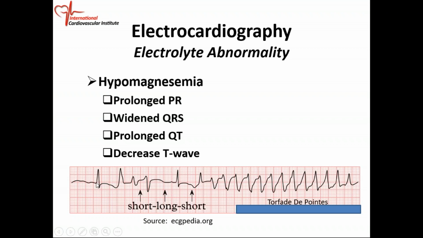If the QT here is from there to there, you can see it's prolonged, and then it degenerates into this polymorphic ventricular tachycardia. This polymorphic ventricular tachycardia is what we call torsades de pointes, which can degenerate into ventricular fibrillation and death.